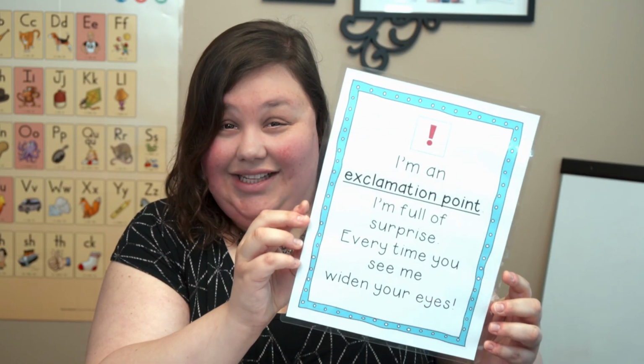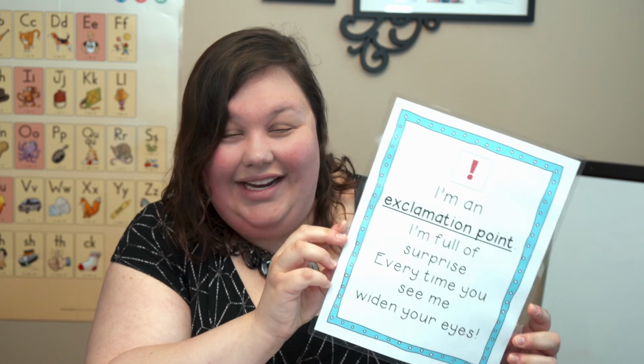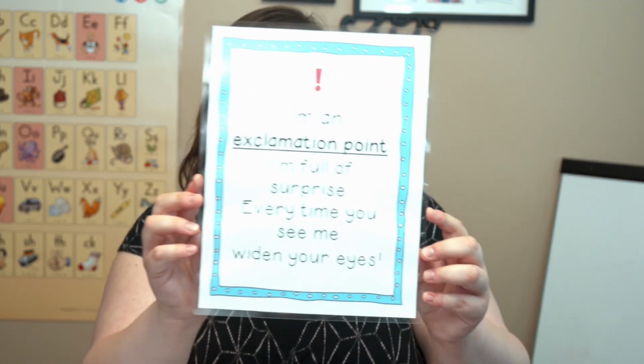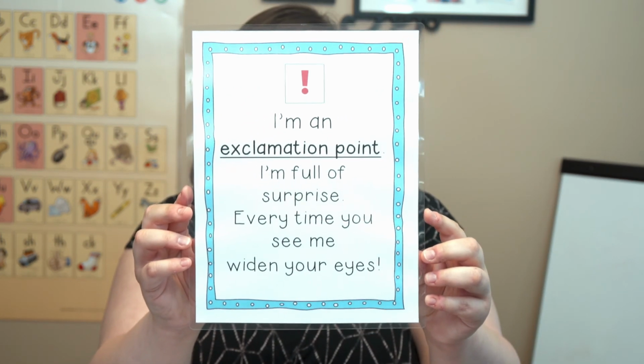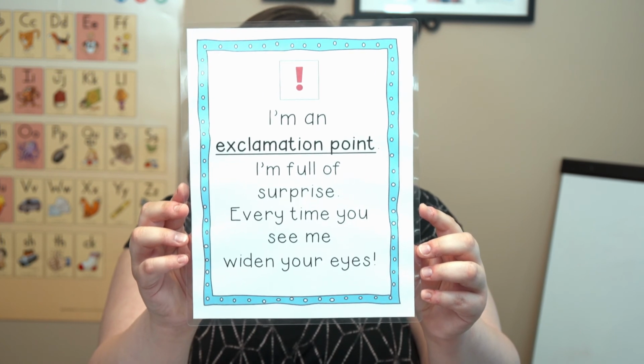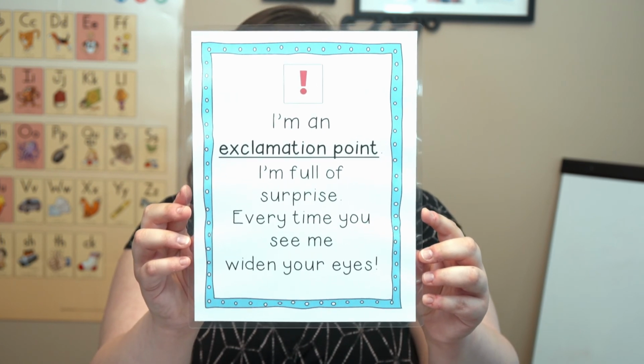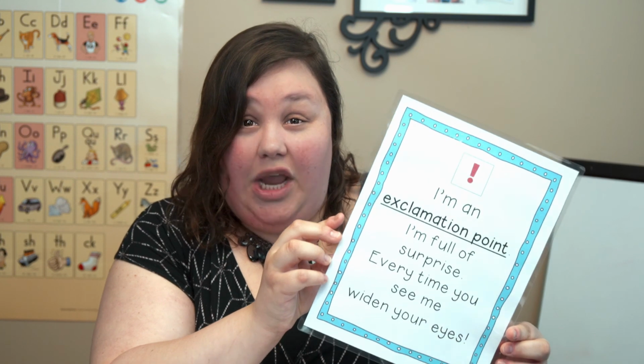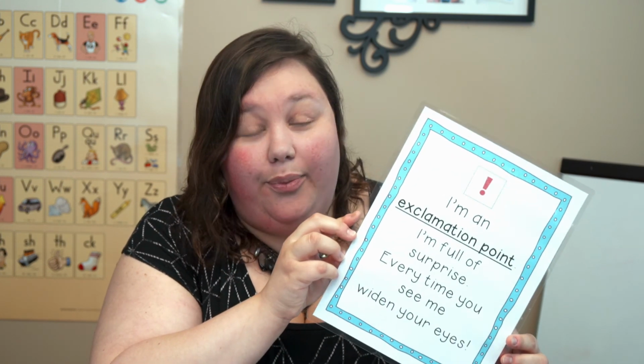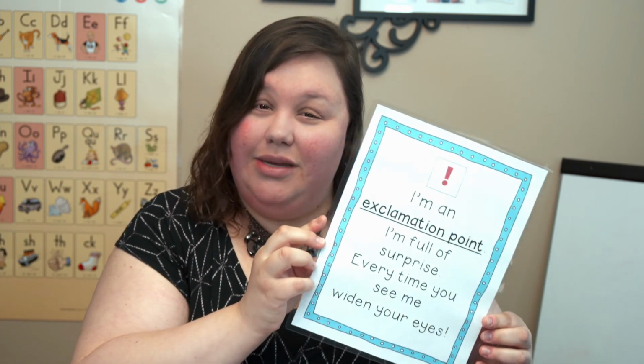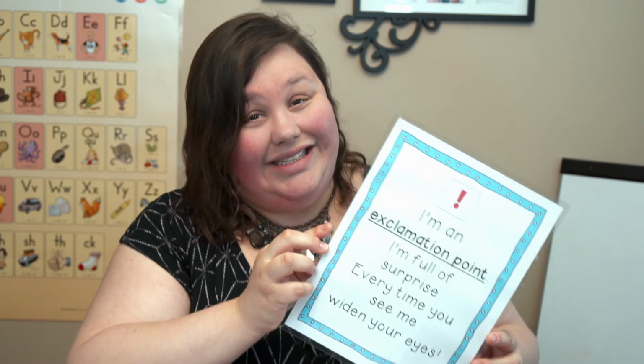Did you say exclamation point? You got it. It is an exclamation point. And what do we do when we see an exclamation point at the end of a sentence? Did you say widen your eyes? You remembered. We widen our eyes because it usually means there's a surprise or someone's excited.